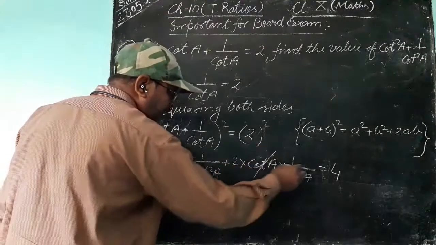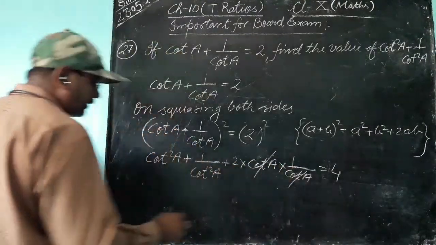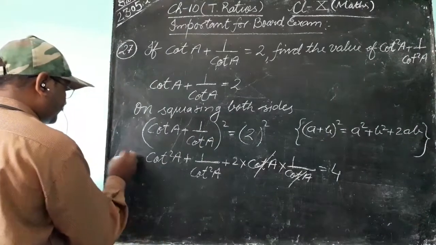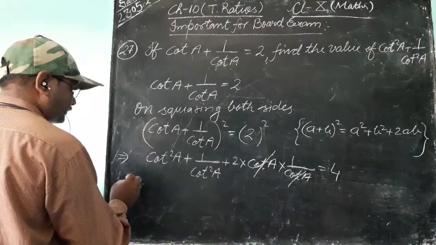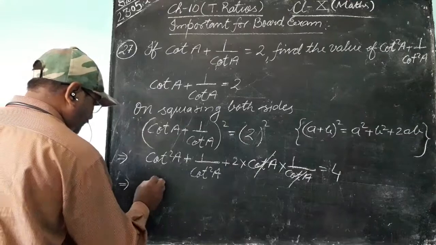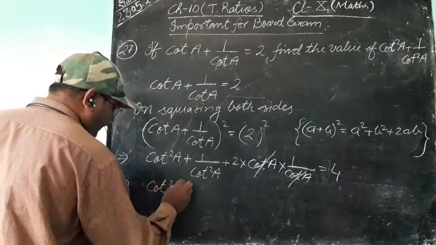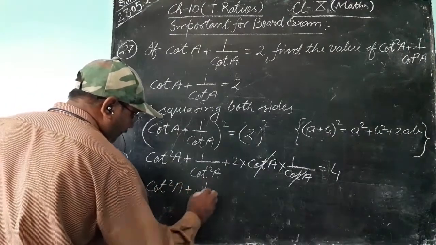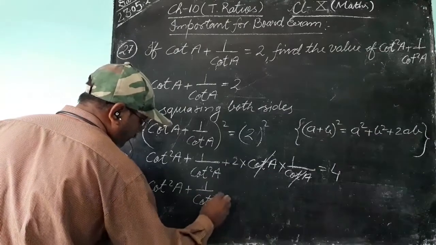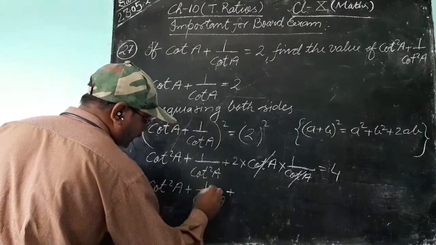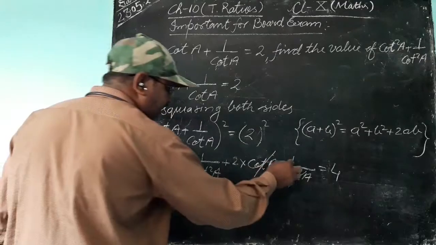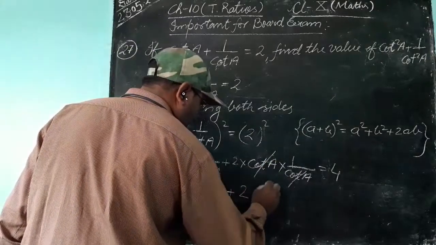Now cot A and cot A cancel. Finally you will get cot square A plus 1 upon cot square A plus 2 is equal to 4.